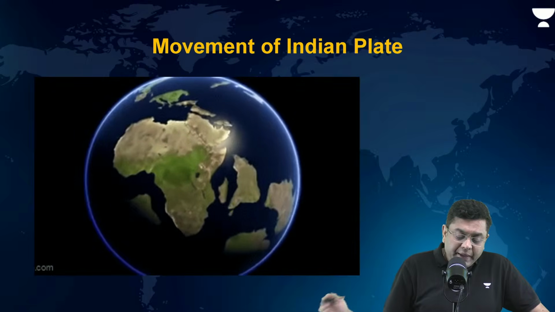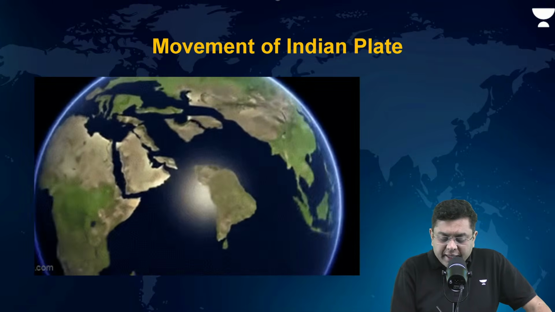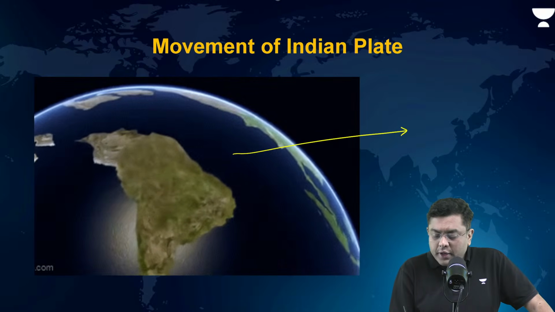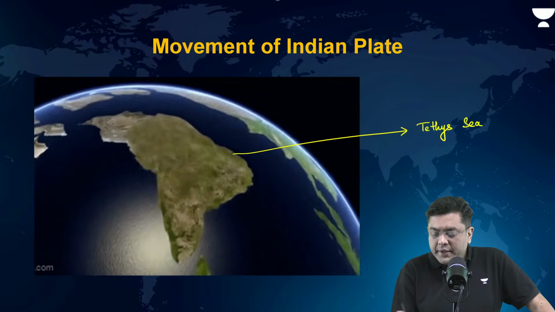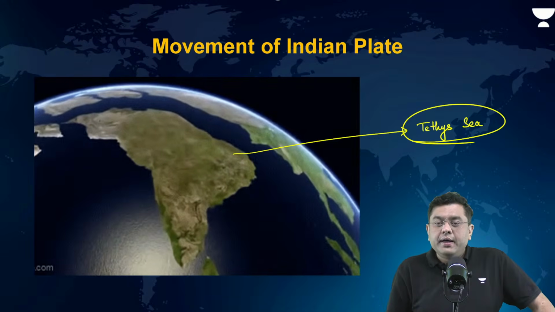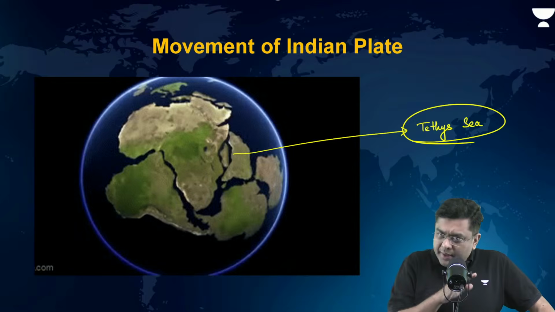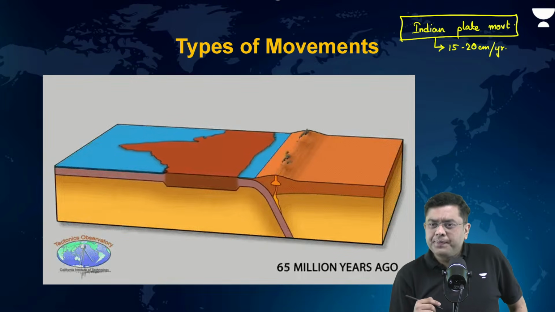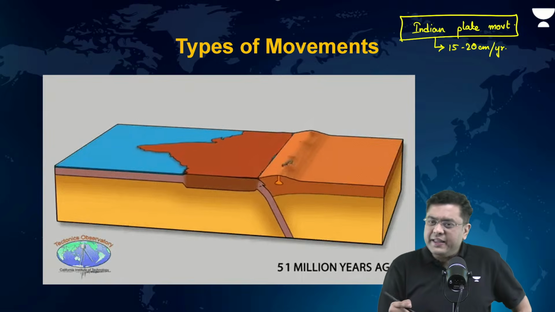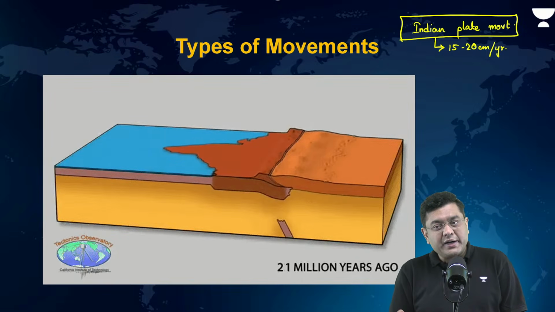Now, as you can see, between India and Eurasia lay an ancient ocean, and that ocean was your Tethys Sea, isn't it? Now, as India was being pushed northwards, Tethys was also being pushed, right? So, this Tethys initially started undergoing subduction.